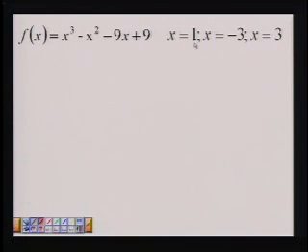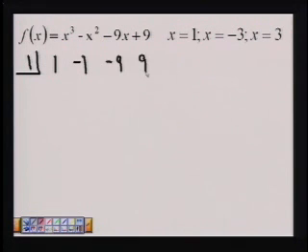So I want to test if 1 is a root for this polynomial. So I put 1 in the box. Now I list the coefficients. My x cubed term has a coefficient 1. My x squared term has a coefficient negative 1. Then I have negative 9 and 9. Draw my bar.